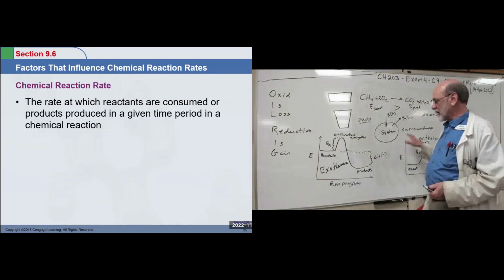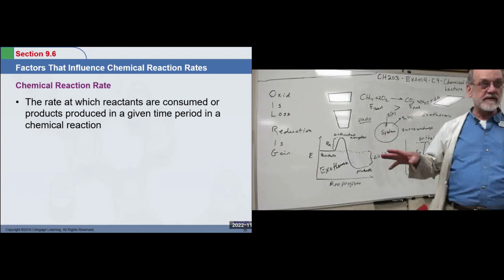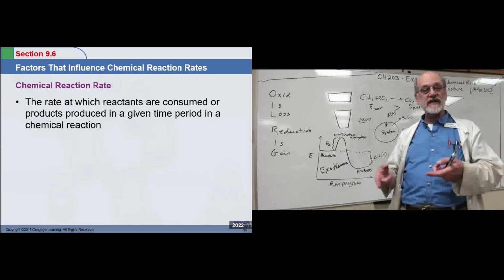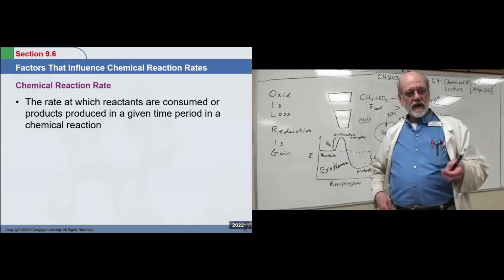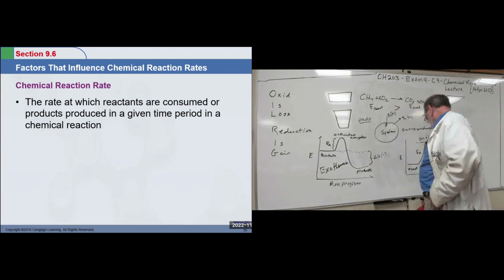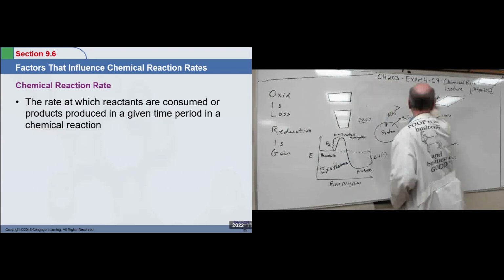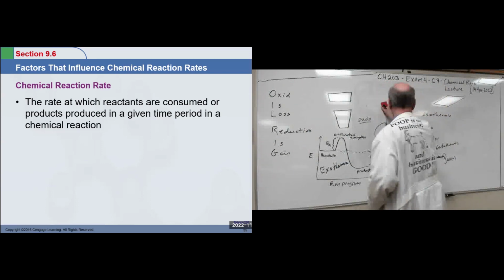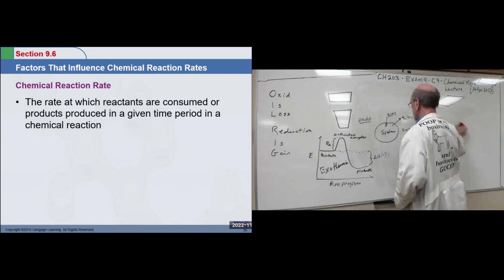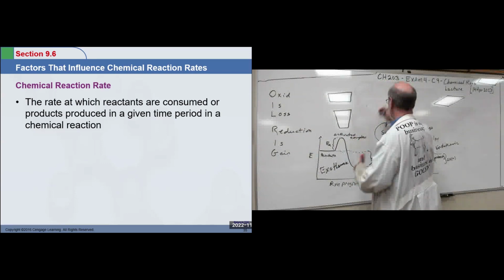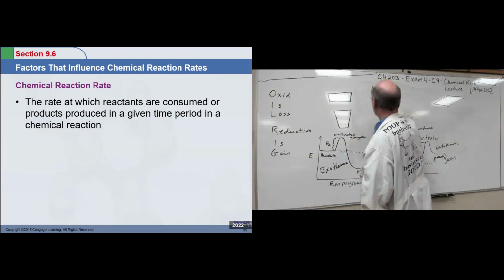Now that we've got these diagrams on here, we can talk about reaction rates. How fast does the reaction proceed? The study of reaction rates is kinetics.